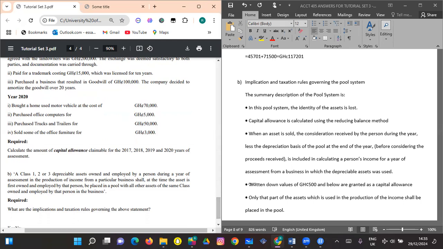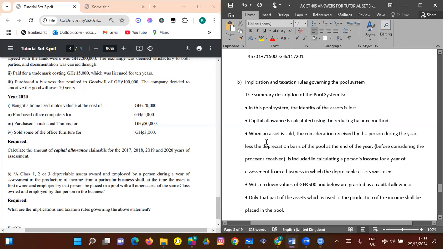So we know that in the class 1, 2, 3, right? In this pool system, the identity of the asset is lost. Once an asset is placed in this pool, the identity is lost. Capital allowance is calculated using the reducing balance method.